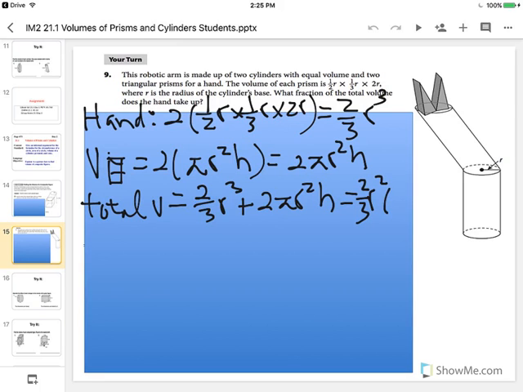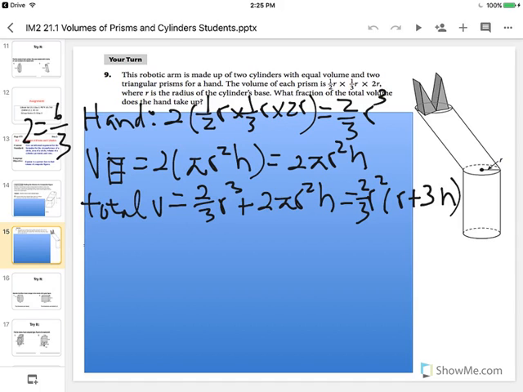This gives us r plus, well, I'm going to change that 2 into a 6/3. Okay, let me change this. This should be a 3, not a 4. So this gives me r plus 3 times the height.